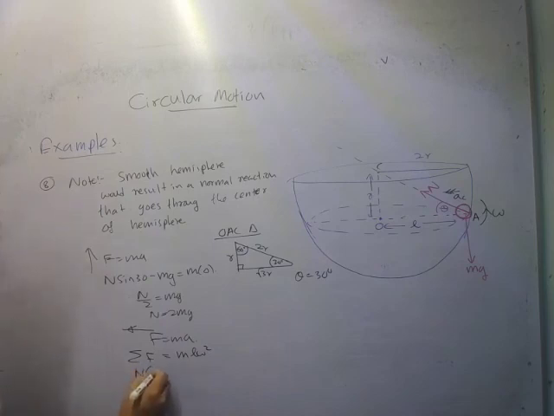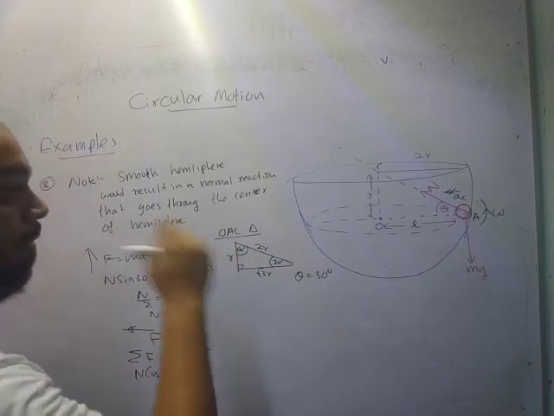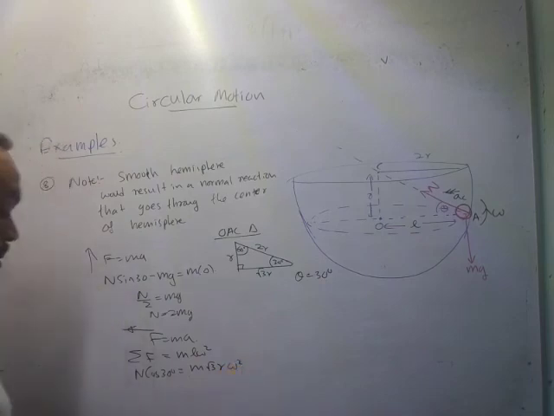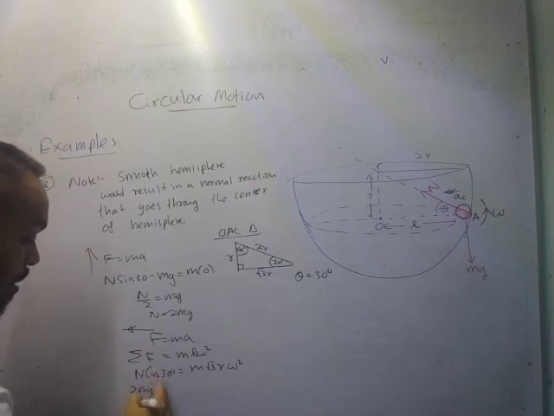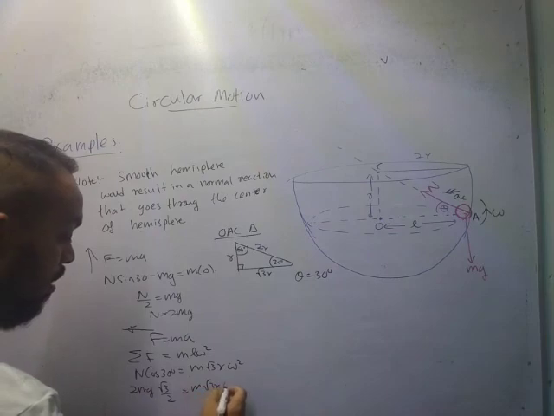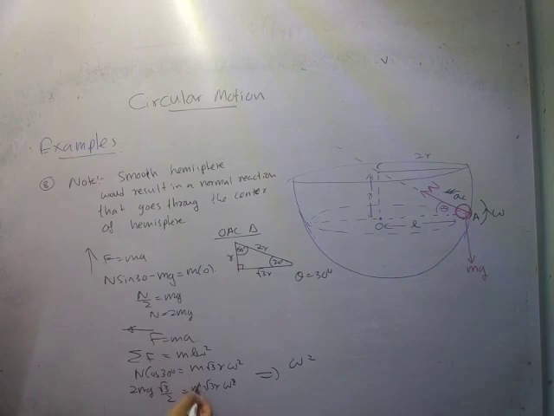N cos 30 equals m times L times omega squared, where L is root 3 r. N is 2mg. So 2mg cos 30, which is root 3 by 2, equals m root 3 r omega squared. That would give us omega equals the square root of 2g over r.